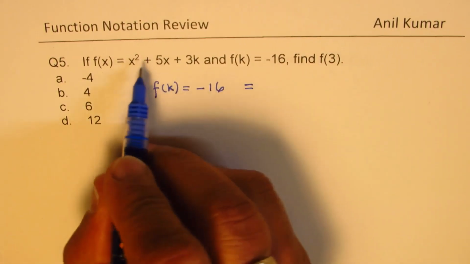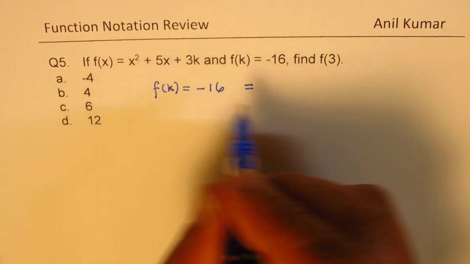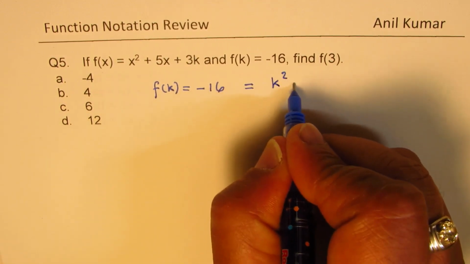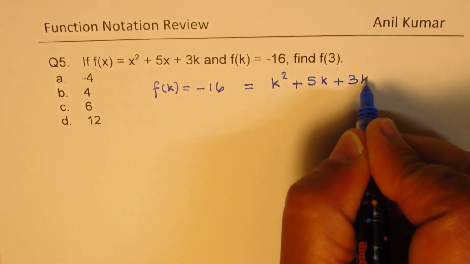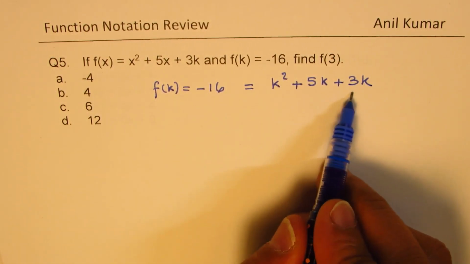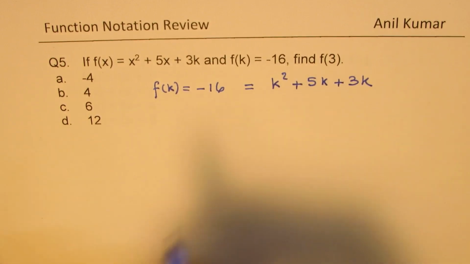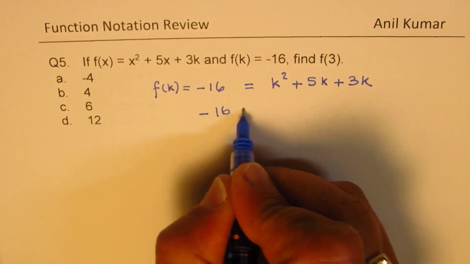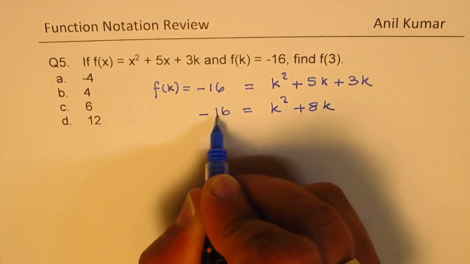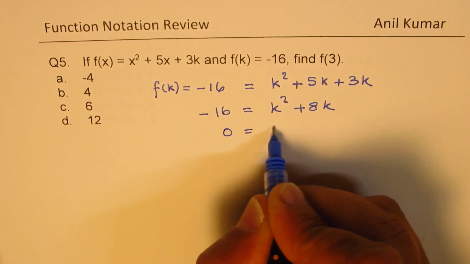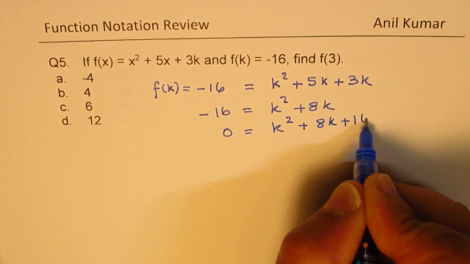So we could write this in terms of f of k, replacing x with k. We get k squared plus 5k plus 3k. Now we have only one variable. We can actually figure out what this variable is, k, that is. So we get minus 16 equals k squared plus 8k. Bringing this to the right side, we get 0 equals k squared plus 8k plus 16.